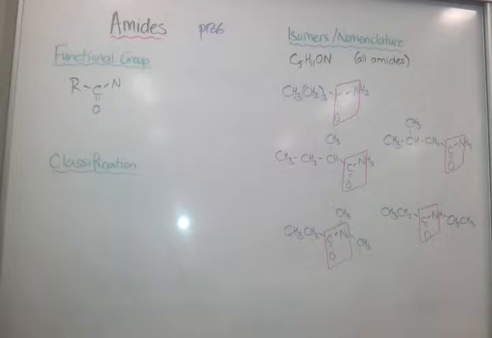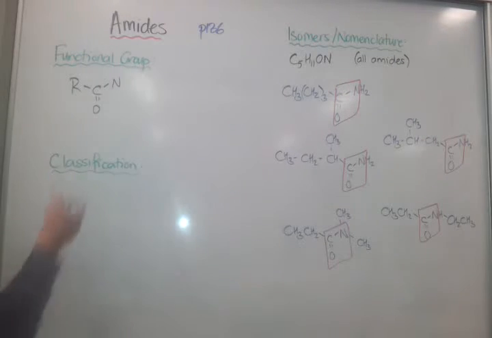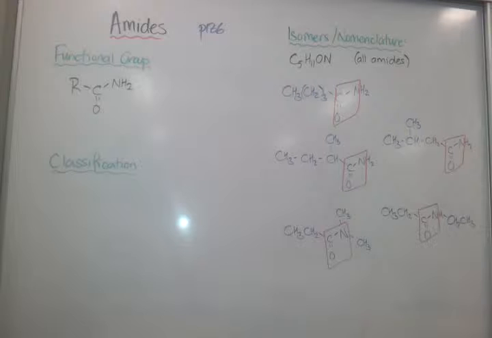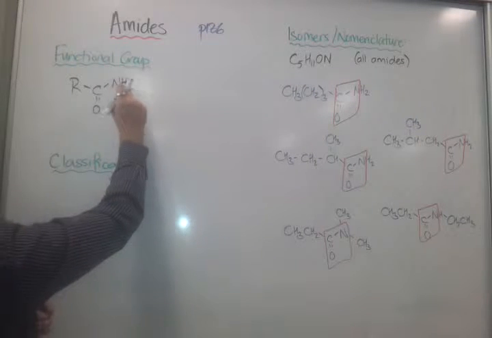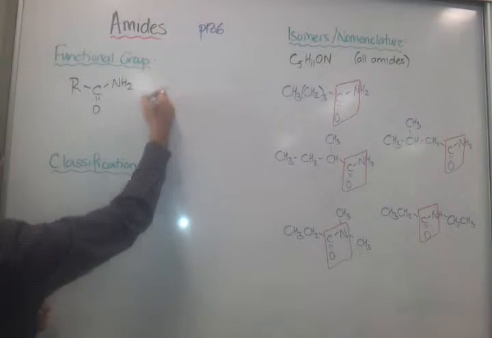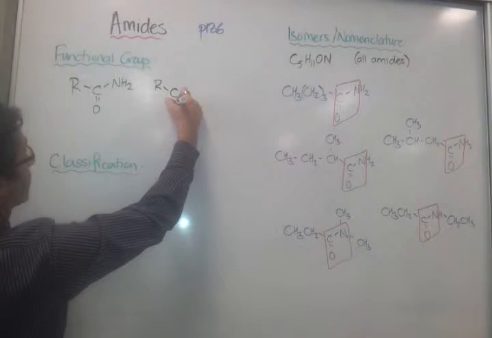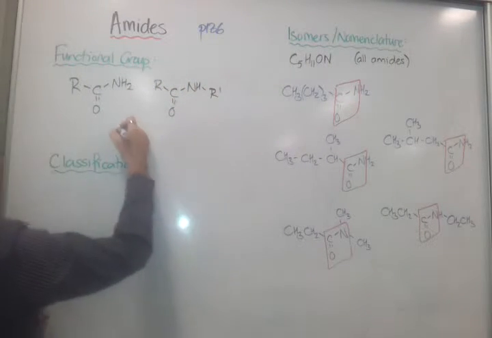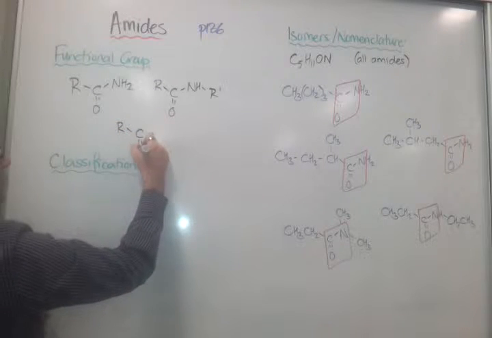Nitrogen makes 3 chemical bonds. Normally you'll see it as NH2, but there are times when this nitrogen is bound to other carbon chains. So you'll see it written in a multitude of ways.